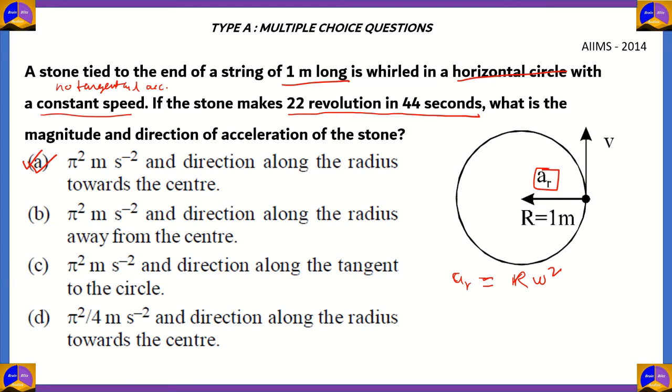Because A, we're calculating centripetal acceleration, and B, using the formula, we got the value of pi squared. In the other options, either the direction is incorrect or the value of the acceleration is incorrect. So option A is the right option.